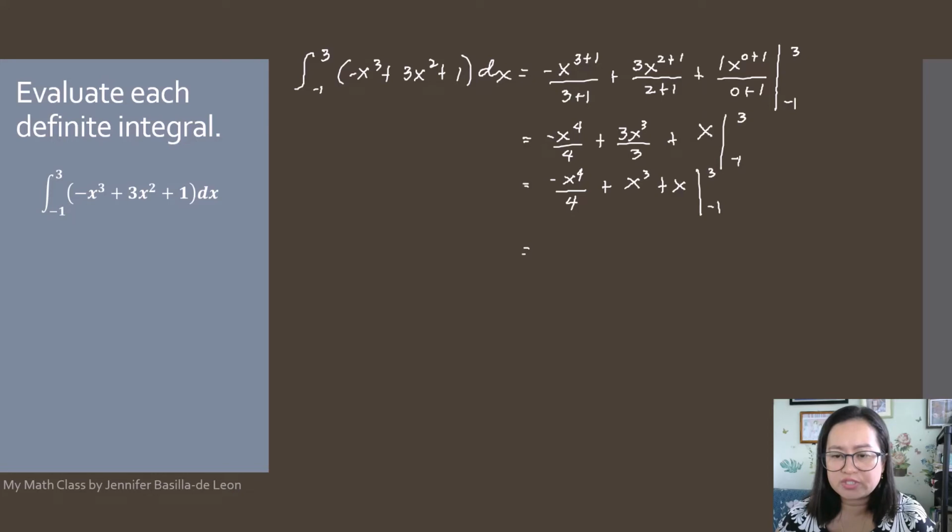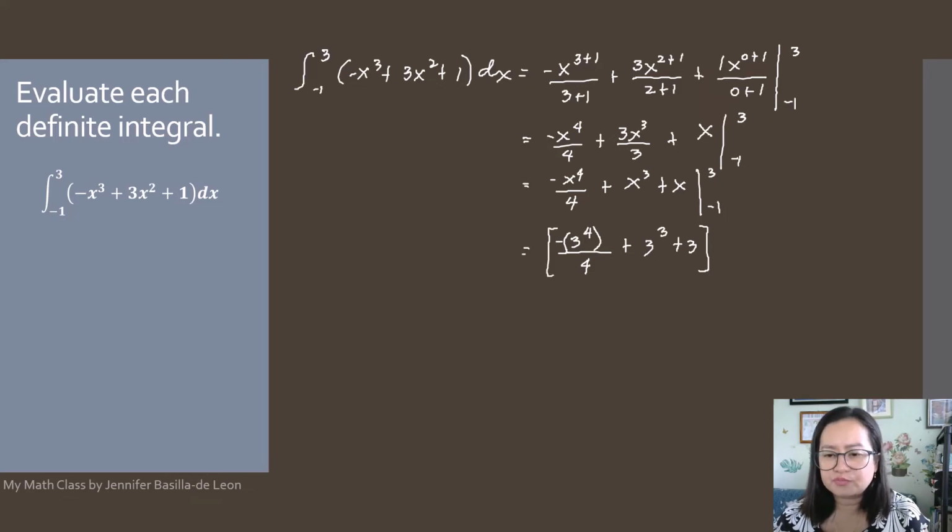First, we use the upper limit. We have negative 3 raised to 4 over 4 plus 3 raised to 3 plus 3. Now, we deduct this expression.